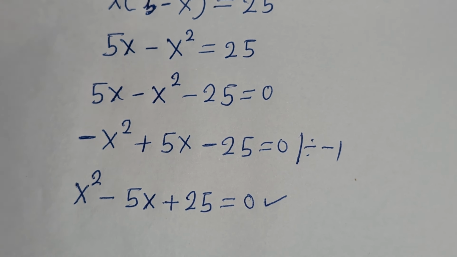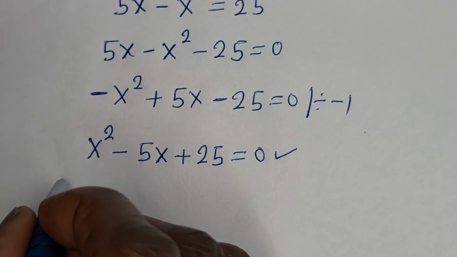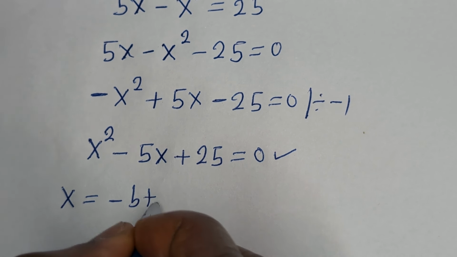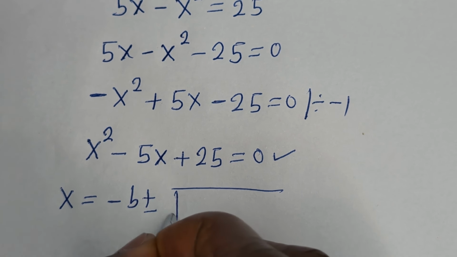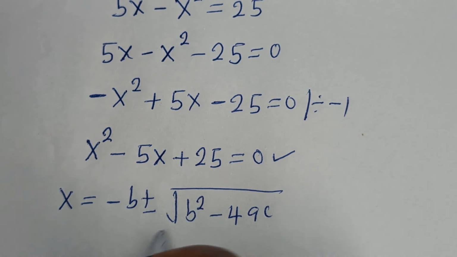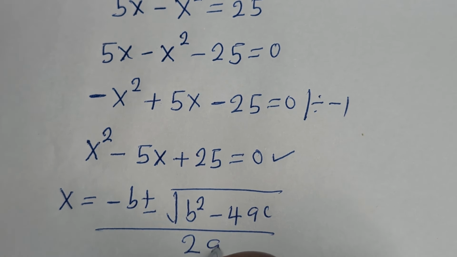This is a quadratic equation which can be solved using the quadratic general formula. x is equal to minus b plus or minus square root of b square minus 4ac over 2a.